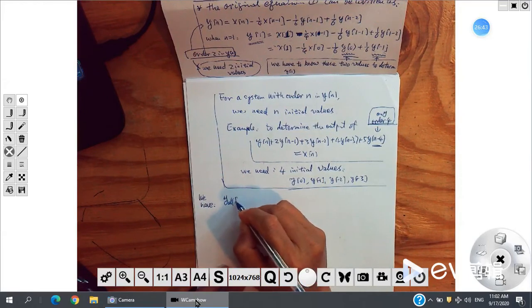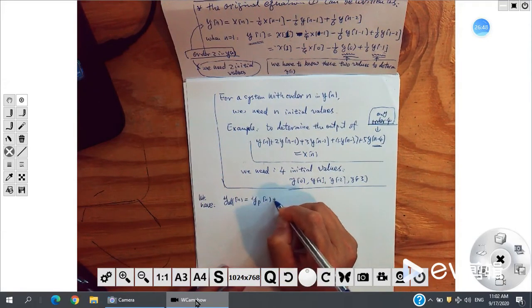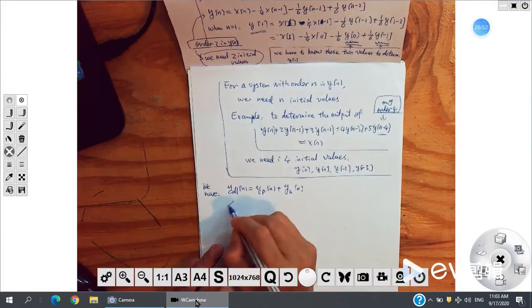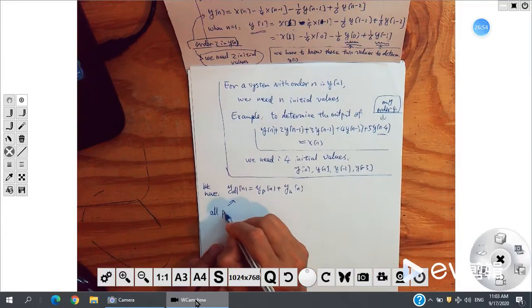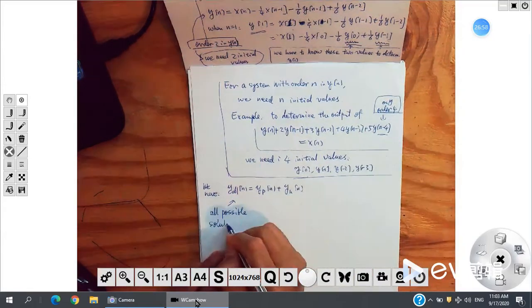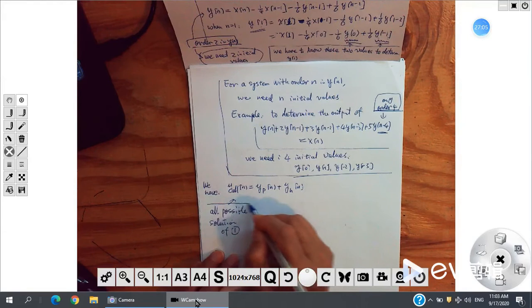We have y r of n equal to y particular solution plus y h of n. I say r, that means all possible solutions of the given system, the original system, right, of y.